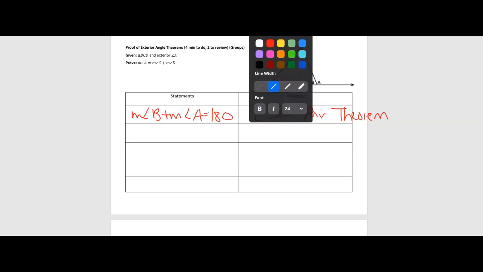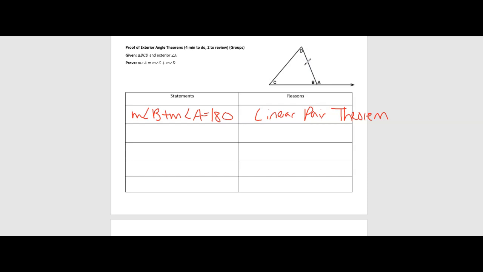So that's what I'm going to do. There's another angle relationship, the triangle sum theorem, right? So the measurement of angle B plus the measurement of angle C plus the measurement of angle D is equal to 180. Triangle sum theorem. All right, so I have two angle relationships, and I have two equations that have 180 on both sides.